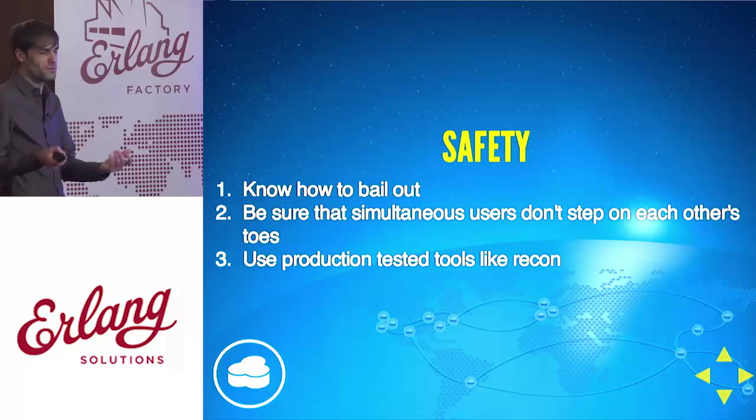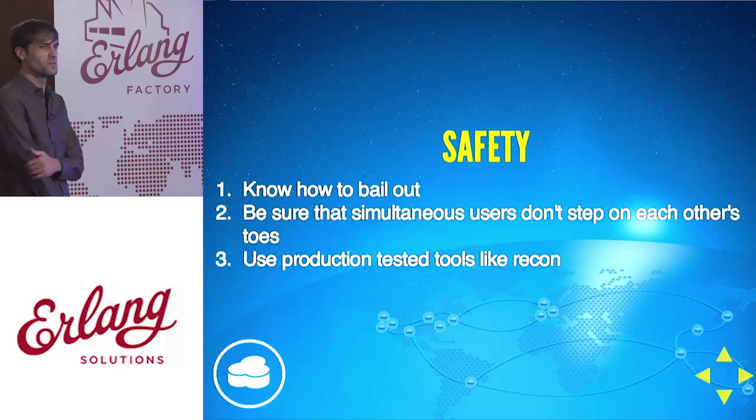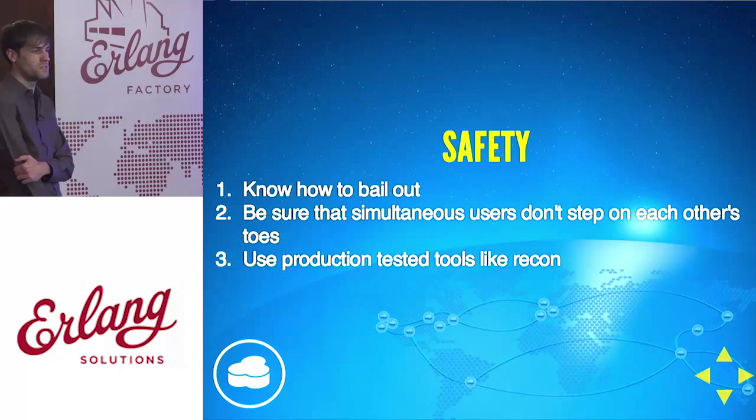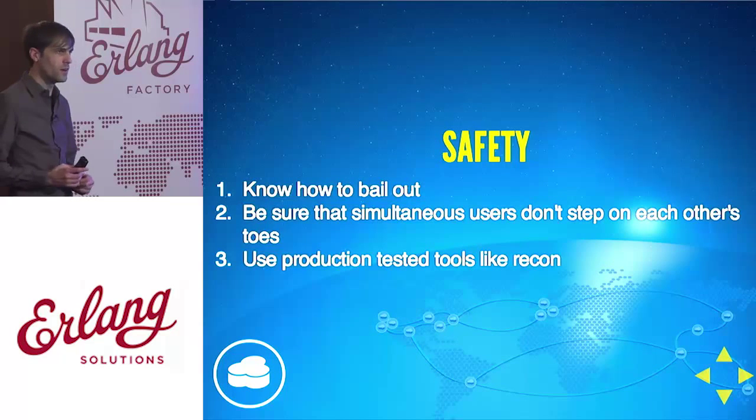I know at Cloudit we have multiple people sometimes looking at the same problem at the same time, and you would be surprised how some of these systems interact. You could easily cross paths by sharing DBG at the same time. DBG is a one user library. Likewise with certain parts of Recon, you need to coordinate. I don't know of any library that really does multi-operator, segregated tracing at the moment. So be careful about that. You don't want to step on each other's toes.